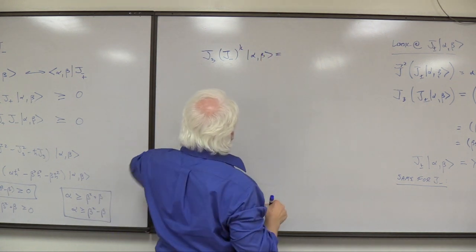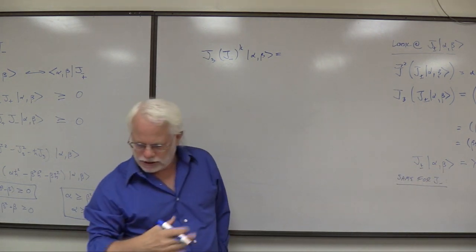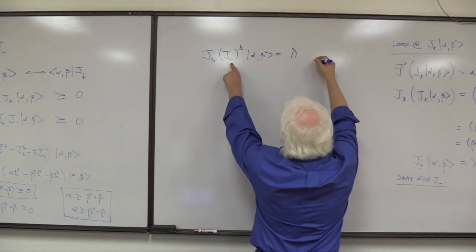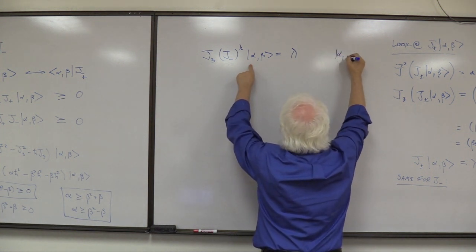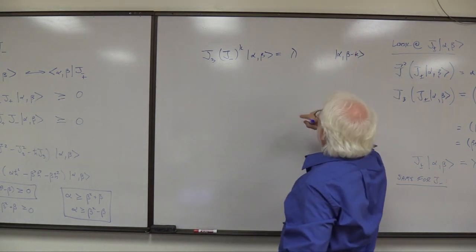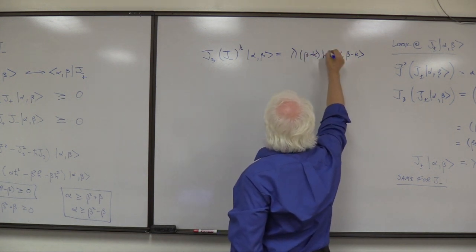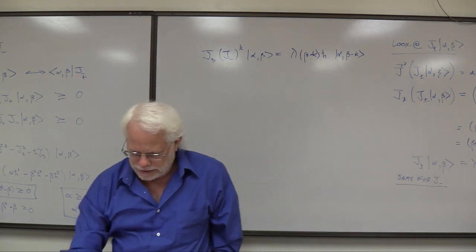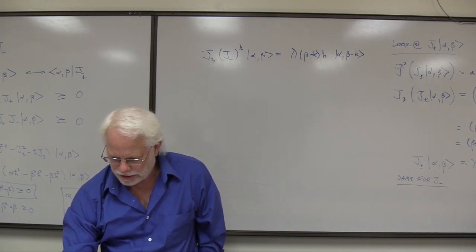Up to some overall normalization constant lambda, this gives us J3 acting on alpha and beta minus K. It lowers beta by 1 each time. J3 acting on that gives beta minus K times H bar. That's a bit of a problem for these inequalities, because they can't go on forever.